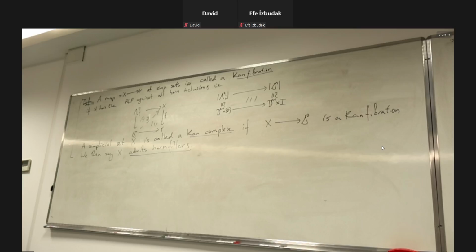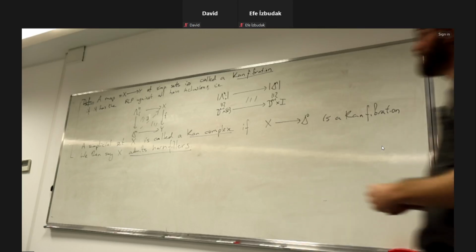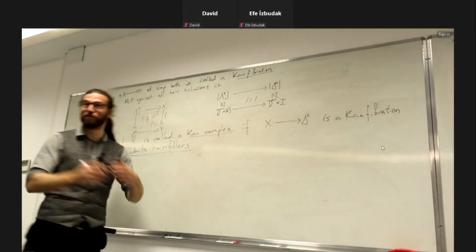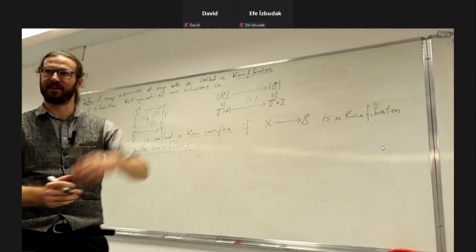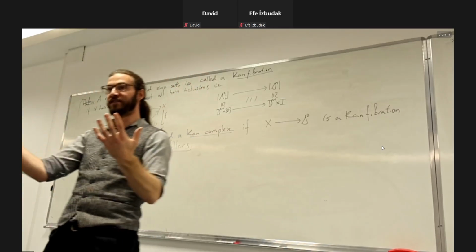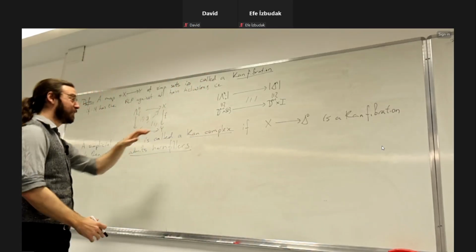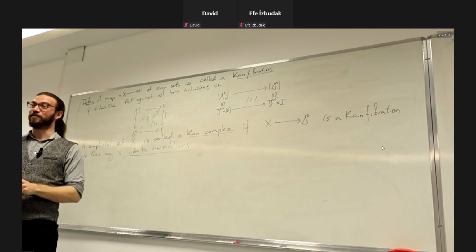The nerve of a groupoid is always a concomplex. The nerve of a category is not usually a concomplex. And this is good because we expect concomplexes to model infinity groupoids, right? One of our assumptions was that infinity groupoids and spaces are the same thing. So concomplexes should be infinity groupoids.